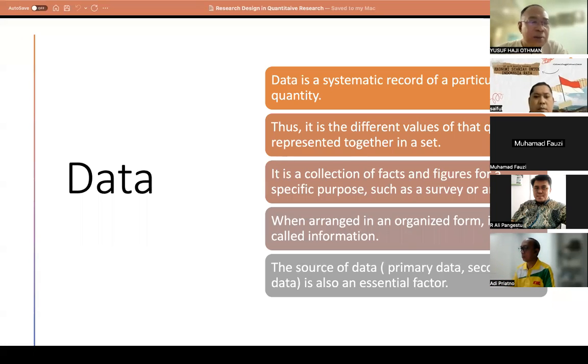I think it costs about $250. Data on economics, on macroeconomic variables. It's International Financial Statistics, IFS. So it can be purchased.